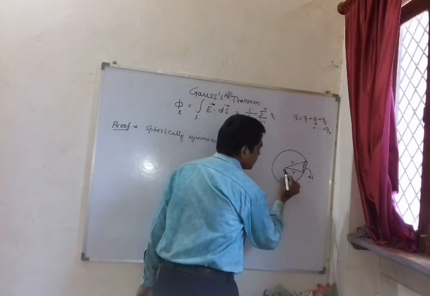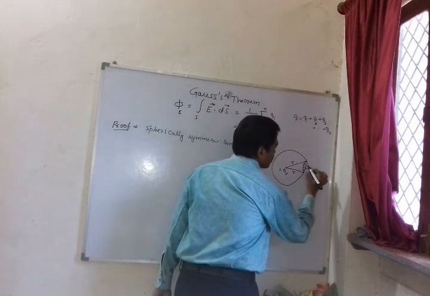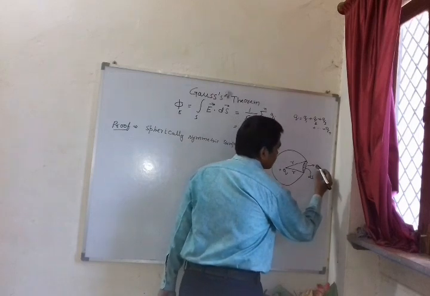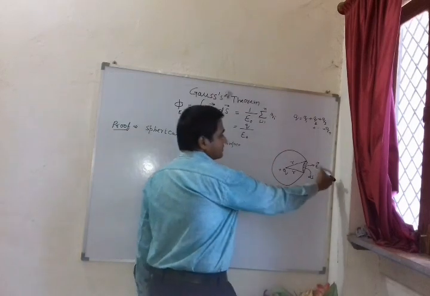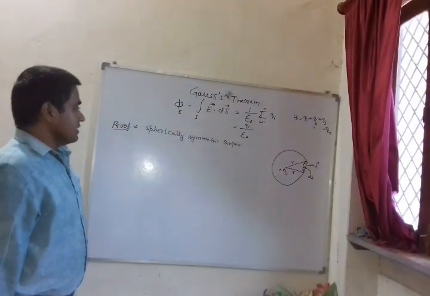Suppose at the center the test charge plus q is placed, so the direction of the electric field would be this one. The direction will be outward of the surface.